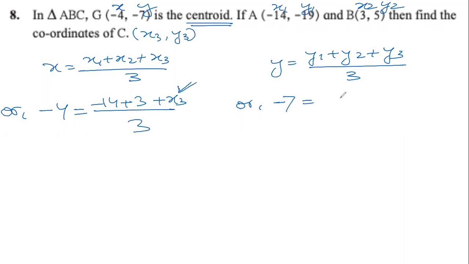Equals minus 19 plus 5 plus y3, divided by 3. So this has also become a linear equation in one variable, which is y3. You solve, you will find x3 and y3. Whatever comes will be the answer.